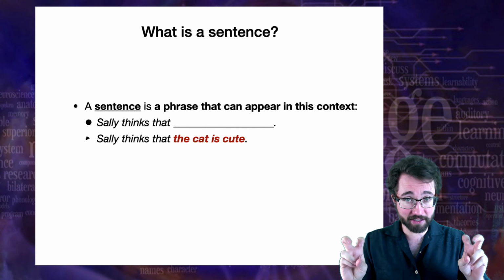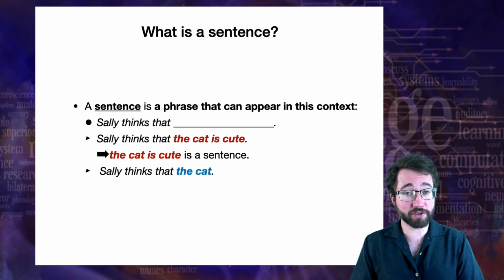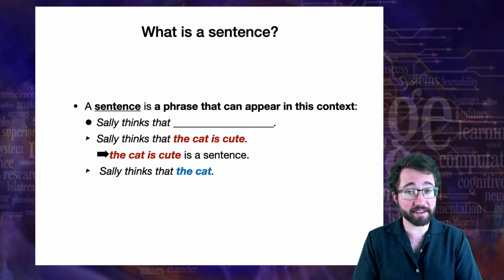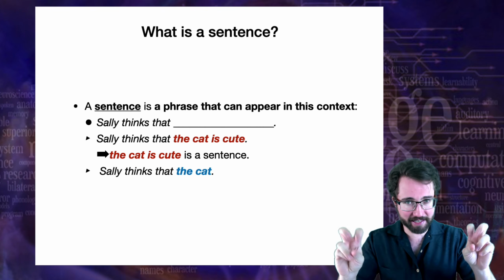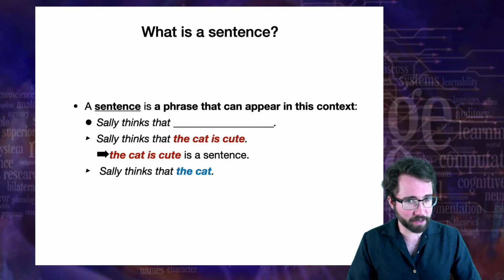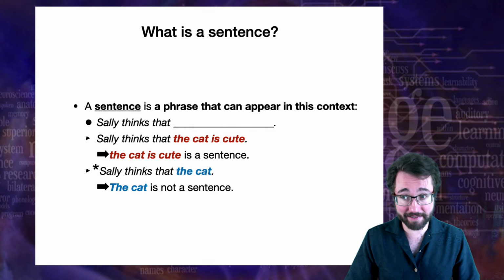That means the cat is cute is a sentence. On the other hand, you couldn't drop in the cat, right? If you just said, Sally thinks that the cat, not grammatical, right? If someone says, Sally thinks that the cat, you're like, I don't understand. So the cat is not a sentence, but the cat is cute is a sentence.